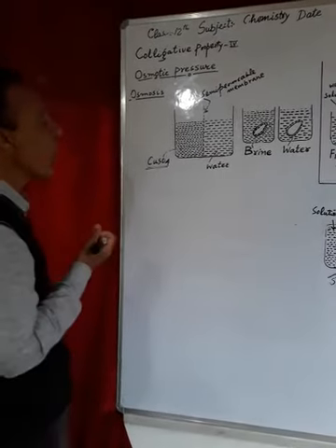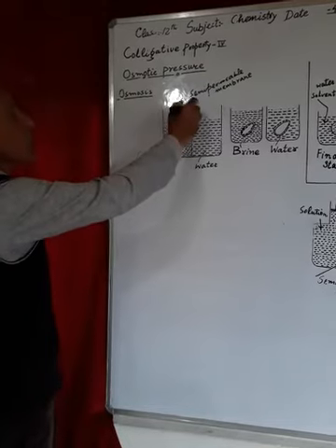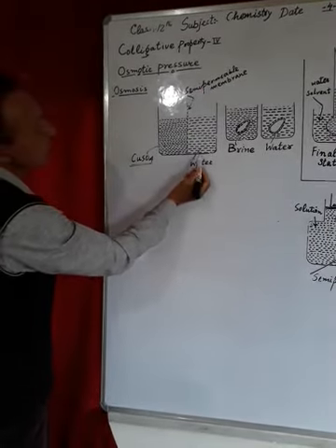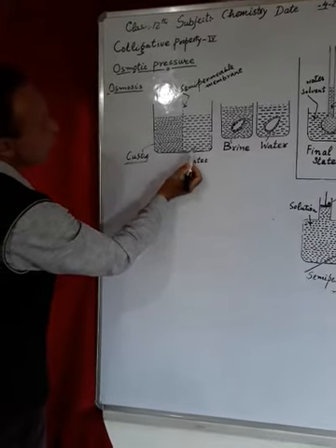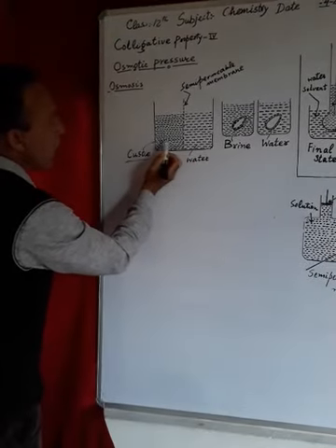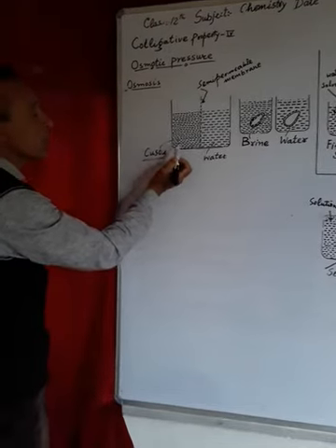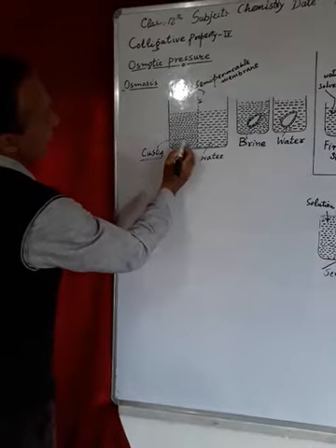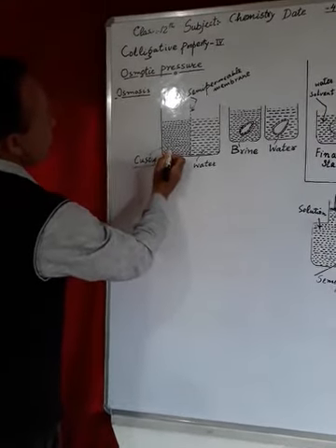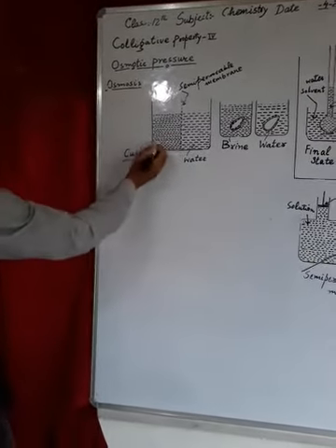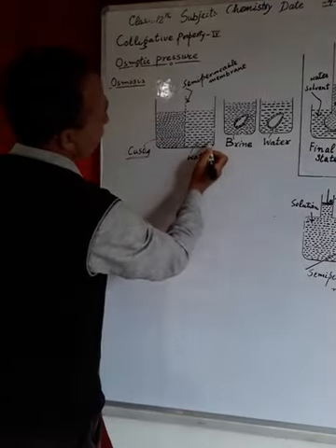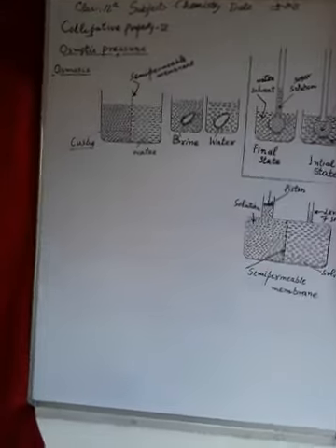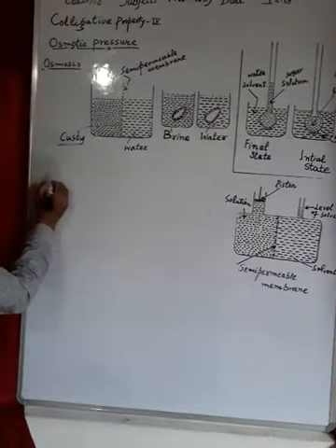Since the two solutions are separated by a semi-permeable membrane, due to osmosis the solvent molecules from the dilute solution pass into the more concentrated solution, due to which the level of the concentrated solution rises and that of the dilute solution falls. Now we can define osmosis.